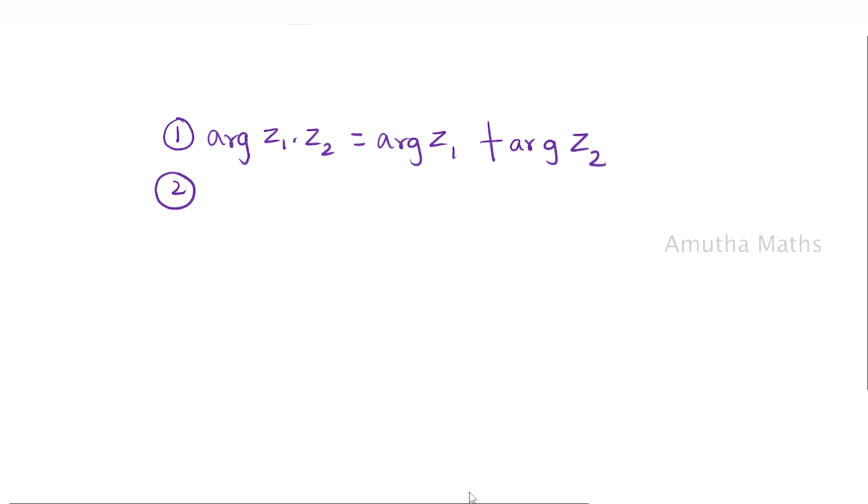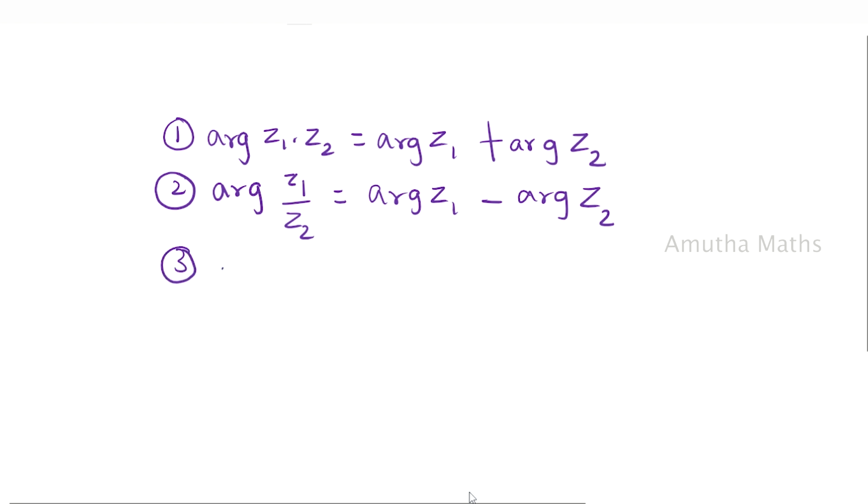Argument of Z1 by Z2 is equal to argument of Z1 minus argument of Z2. Okay. So the third important property is argument of Z power n, that is equal to n into argument of Z.